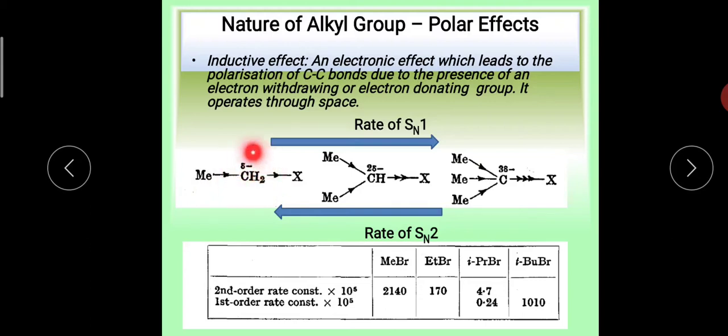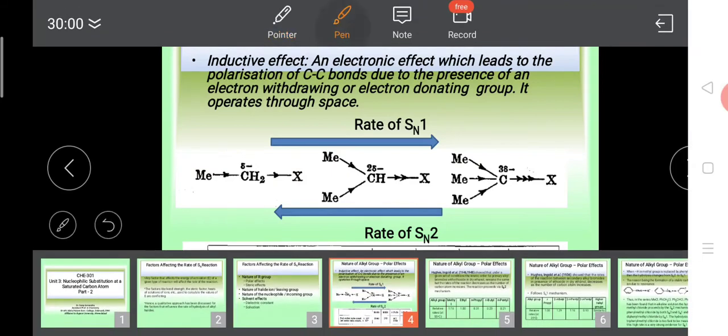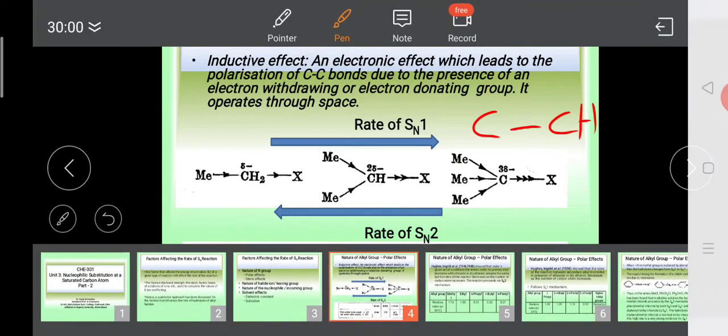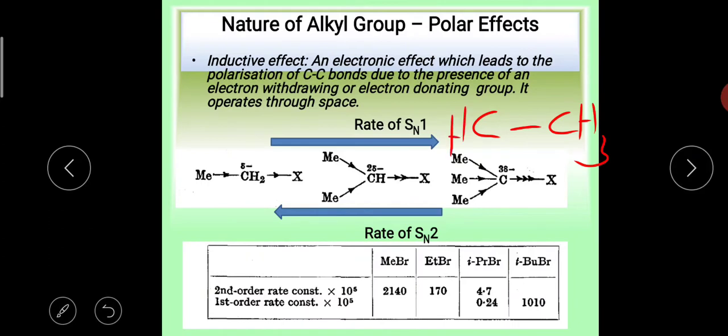As a result, one carbon gains a slight negative charge and the other carbon gains a slight positive charge. Okay, so in other words, if you just consider your ethane molecule, both these carbons are neutral, they aren't charged.